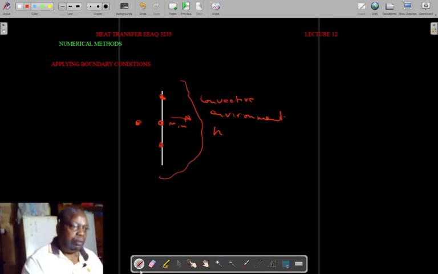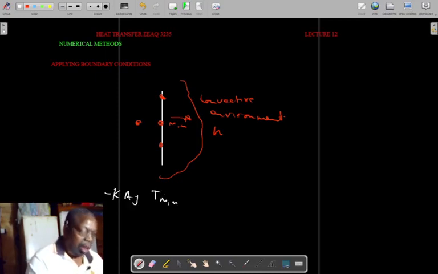And our resulting equation will be minus K delta Y T M,N minus T M minus 1,N over delta X, that is the temperature difference between this node here and that node there, and the movement is in the X direction.